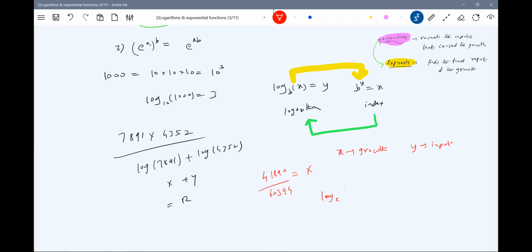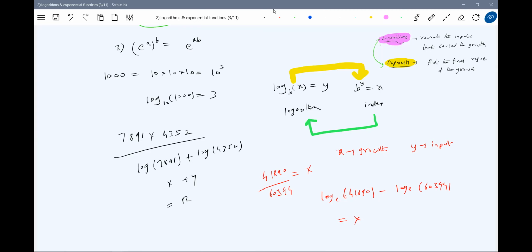Log E. And this will become X. So what we have done is converted the division into this. We don't have machines to perform division or multiplication, but we do have machines which can add two physical quantities or subtract physical quantities.